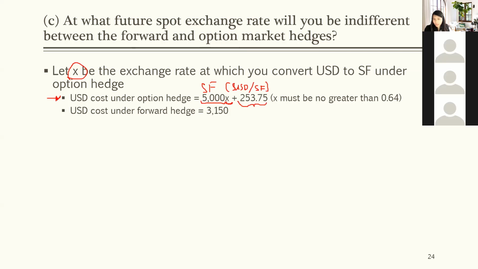The second component is the future value of the option premium cost, which we computed in part A. One important thing to note is that X must be no greater than 0.64. Does that make sense? X has to be either equal to or less than 0.64.